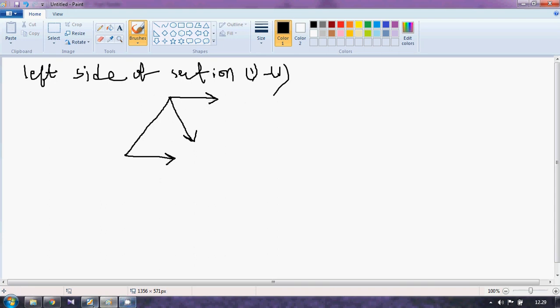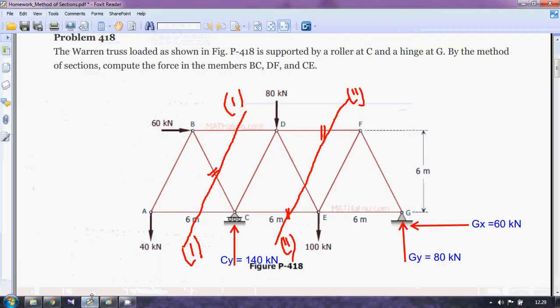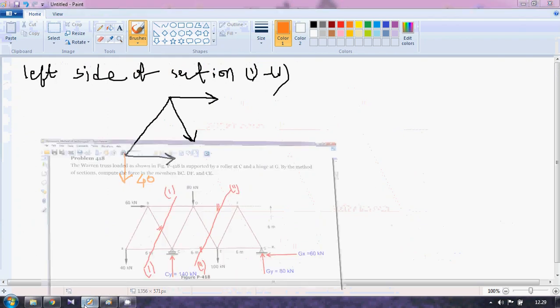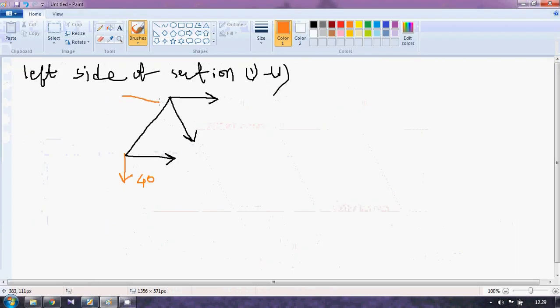So what about the point? I have a 40 kilonewton force here. This is the 40 kilonewton applied force at point A, and 60 kilonewton here.